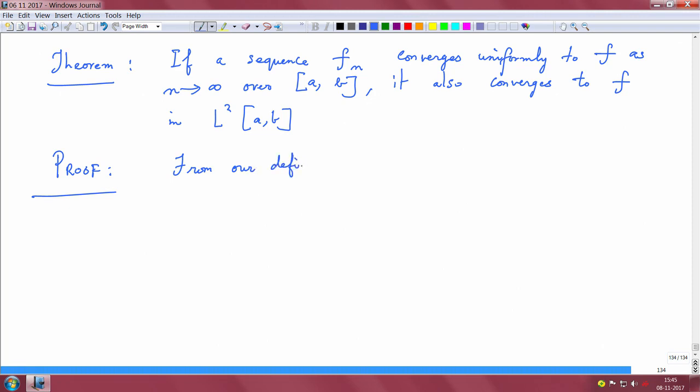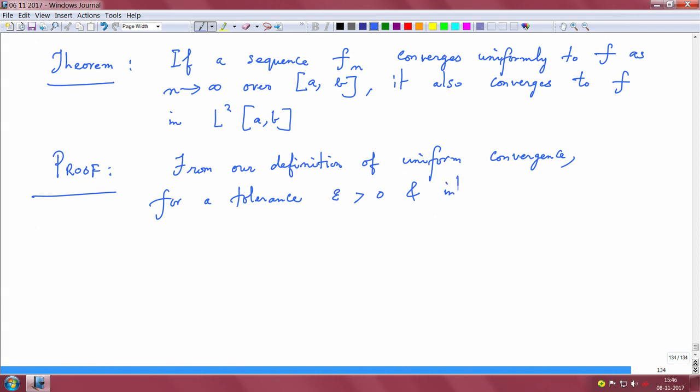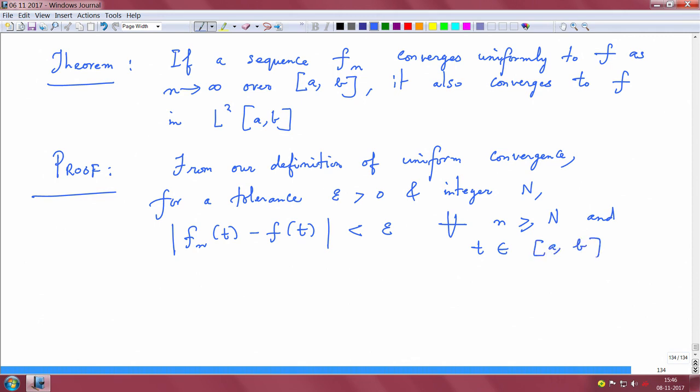From our definition of uniform convergence, for a tolerance epsilon which is greater than 0, some positive tolerance, and integer capital N, the absolute value of f_n(t) minus f(t) is within epsilon for all integers small n greater than or equal to capital N, and t belongs to the interval (a, b).